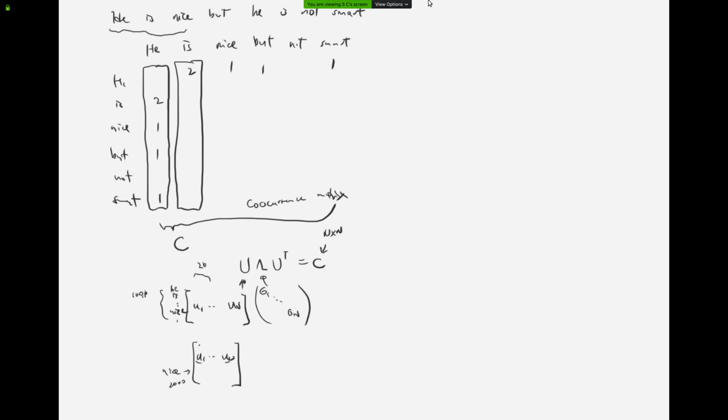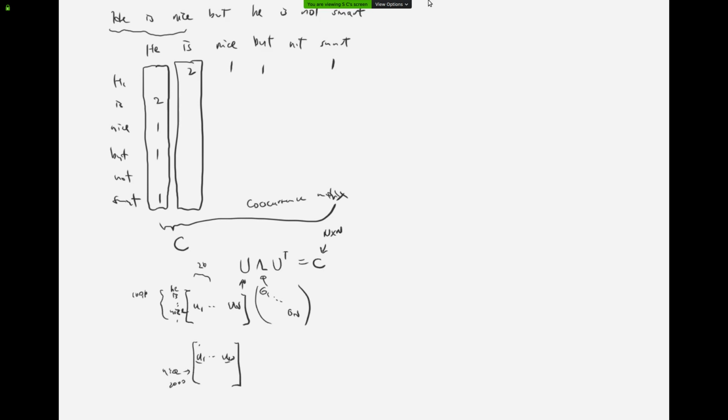First of all, this co-occurrence matrix is symmetric because I'm gathering the statistics in a symmetric way, so my window is symmetric.